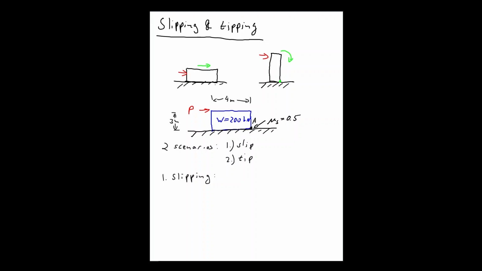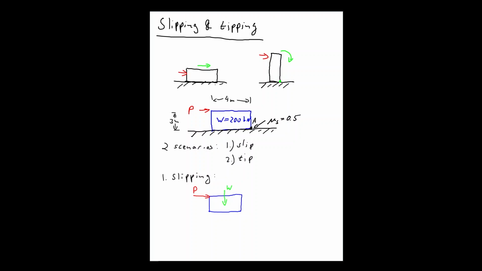So we can draw our free body diagram the following way. We can say this is our box right here. We know this box has a weight, it's given to us. We're looking for the force that leads to slipping. That'll be P. And then what else do we have?